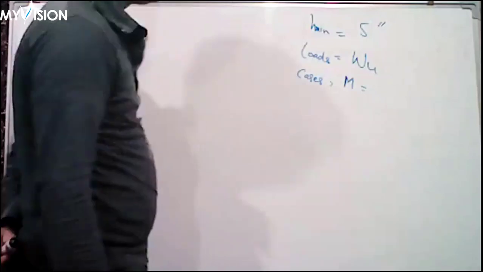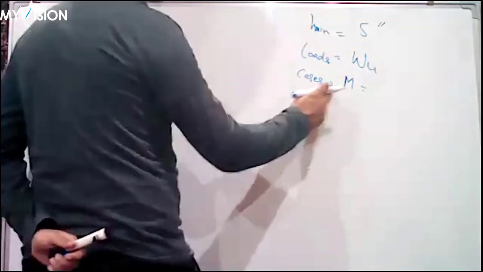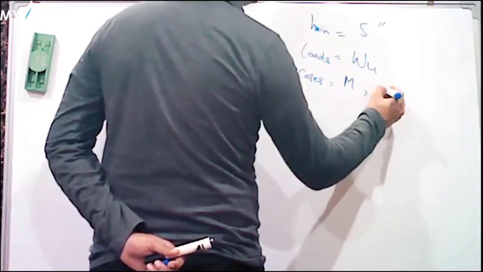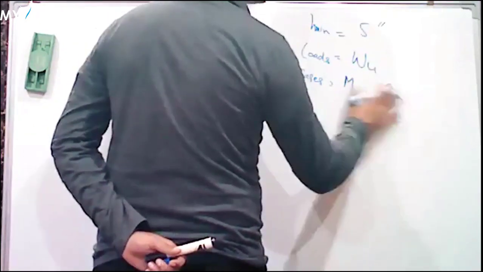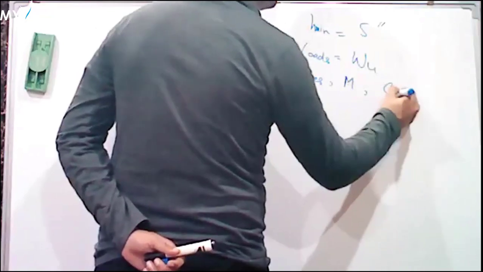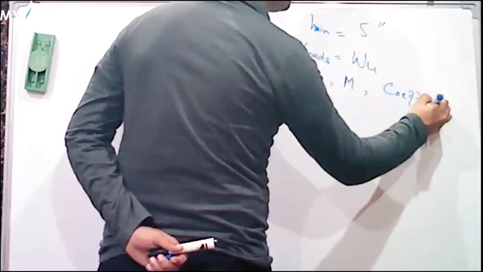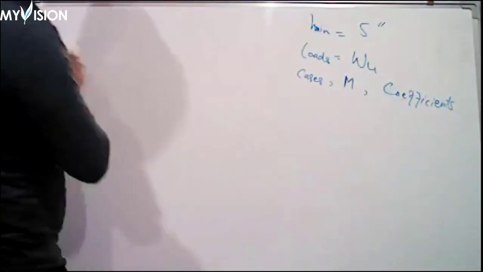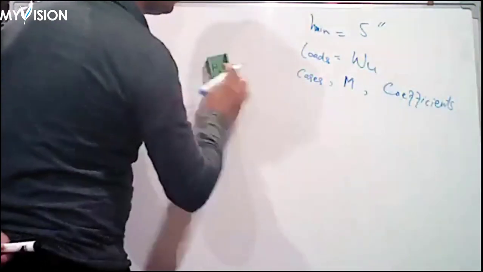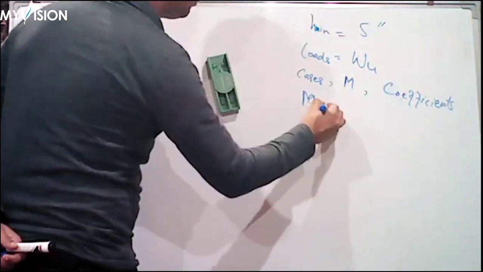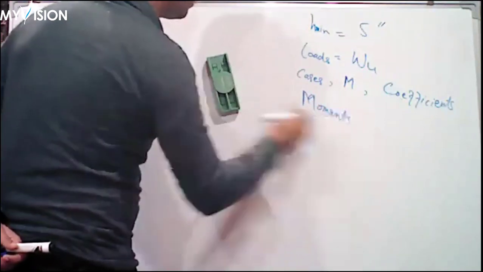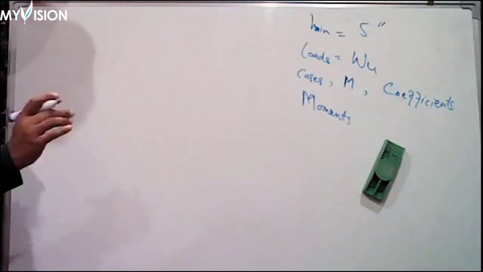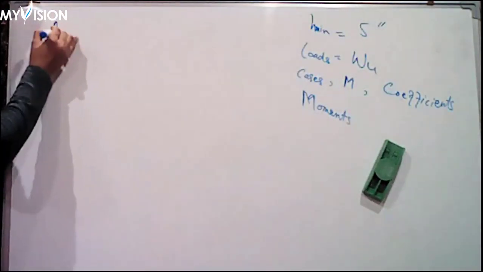When you have calculated the M factor, you can find the CA negative coefficients. When you have all these values, you can calculate the moments. When all 4 moments are available in your hand, then you have to go for the design.